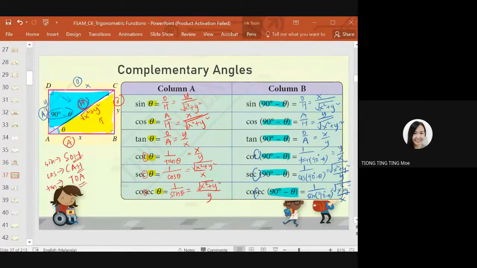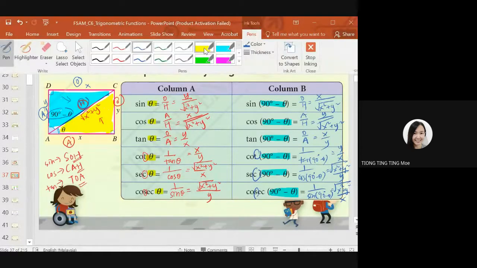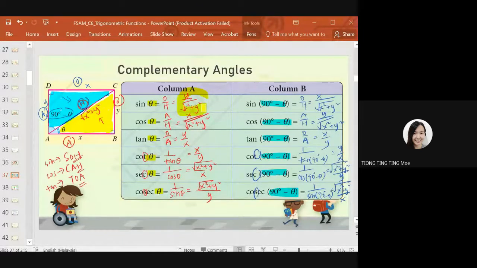We have done this already, so you compare. Can you find anything the same? Sin theta is the same as which one? This one, right? See, have you seen it? These two are the same. Sin theta is the same as the complement, cos of 90 minus theta. Have you seen this?